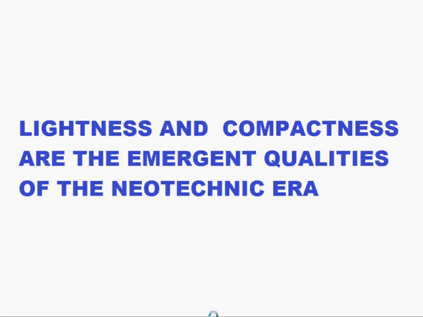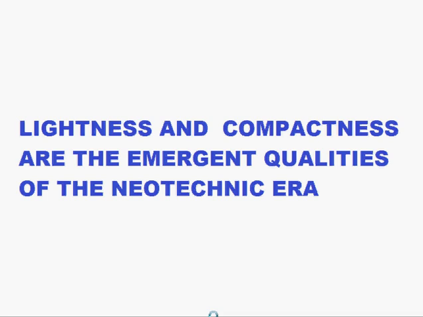I want you to think about this, because if you would make the argument that we're in a new technological complex, lightness and compactness is something that has transferred from one phase to the next. As we look at the transitions from each of these phases, certain characteristics do transition to the next phase.